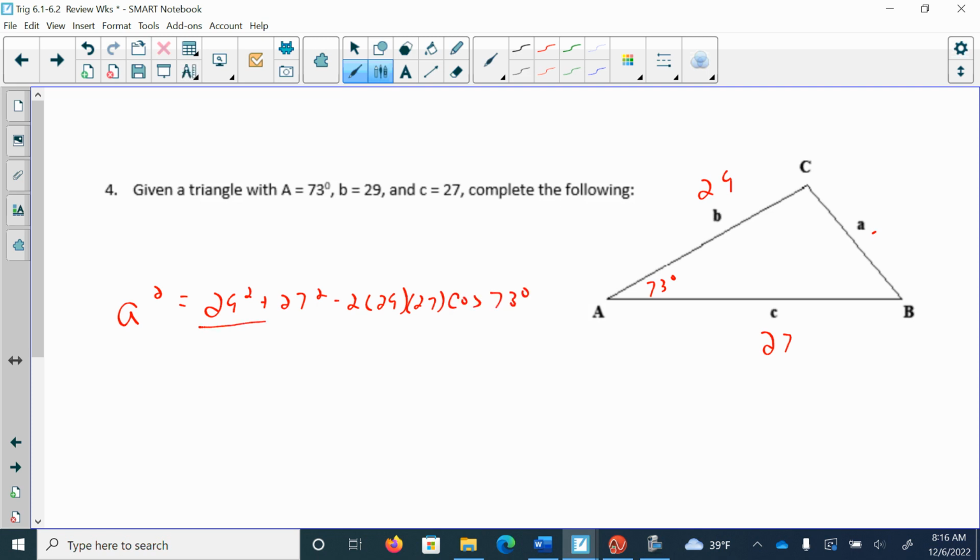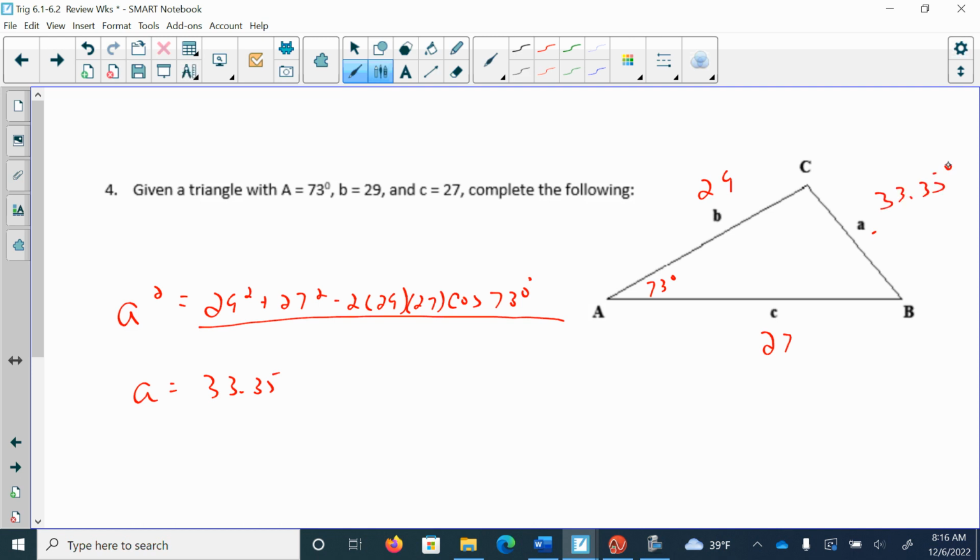And I'm going to put this in my calculator all in one shot, making sure that I put that degree symbol there, and then take the square root. And when I do that, I get A to equal 33.35.